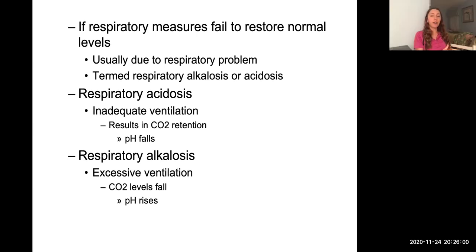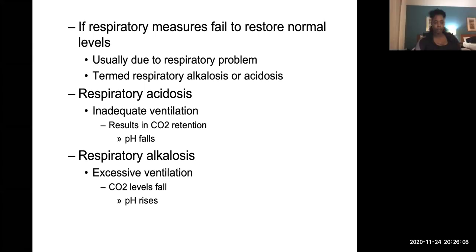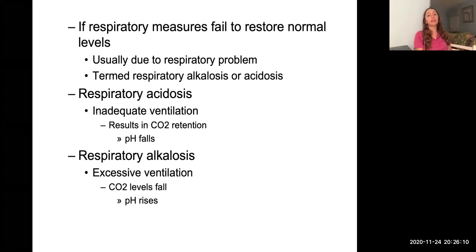And in respiratory alkalosis, would your pH be higher or lower? Higher. And what would your body do to compensate? You'd slow down your breathing, hypothetically, like with the paper bag and everything.